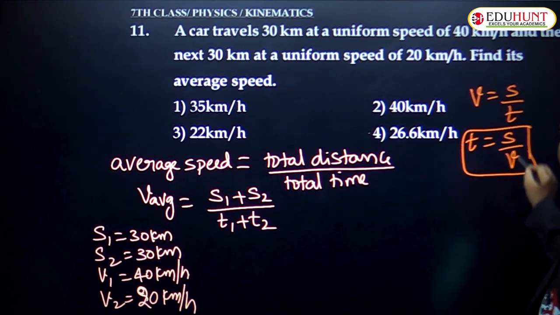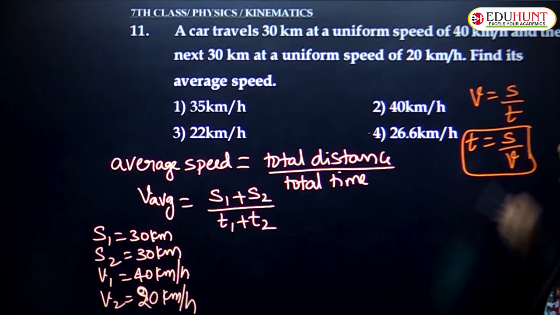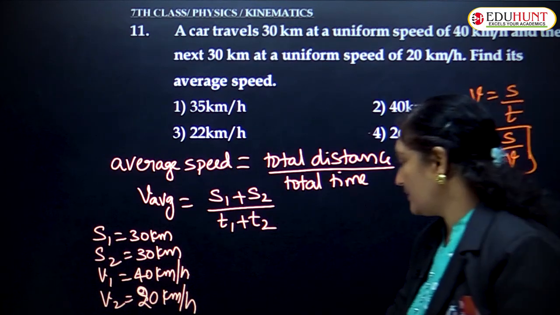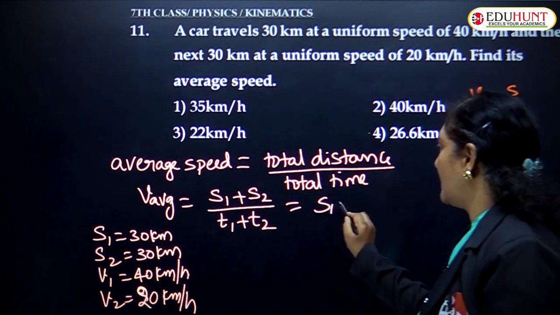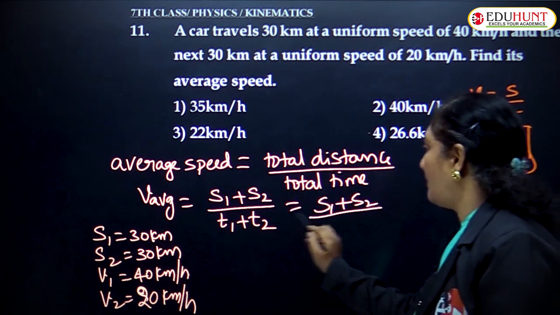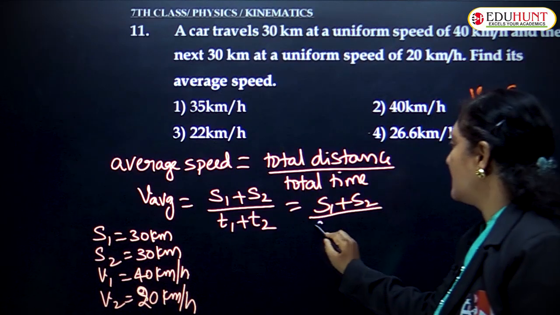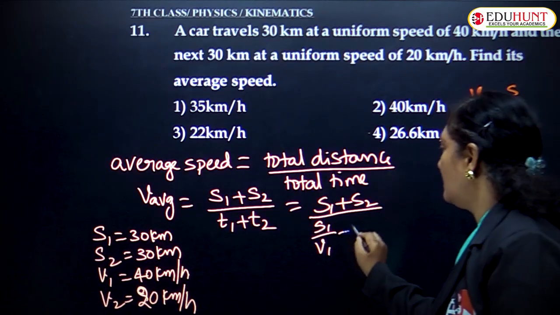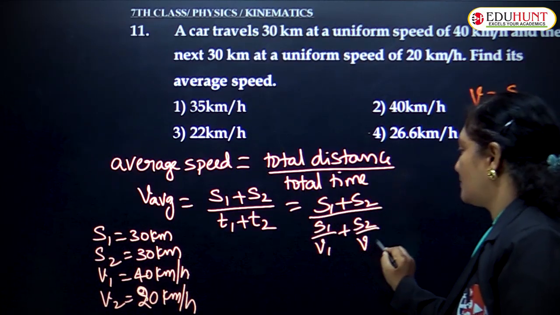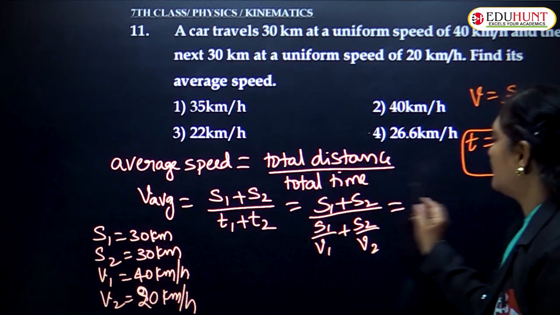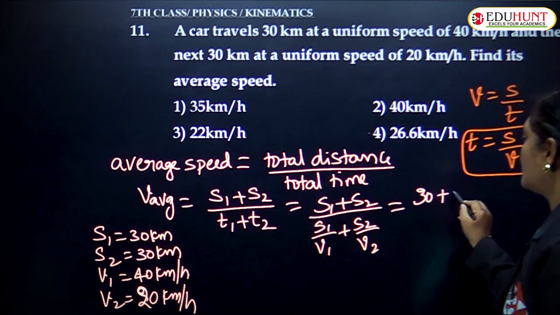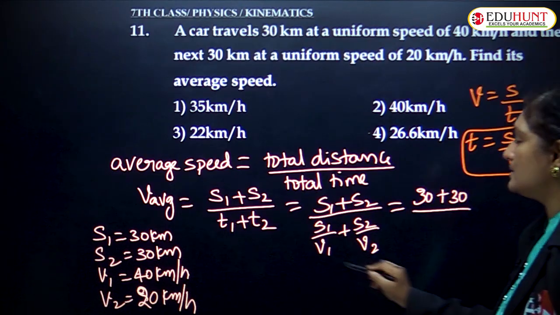So T1 is written as S1 by V1 and T2 is written as S2 by V2. Hence the formula is transformed to S1 plus S2 upon S1 by V1 plus S2 by V2. After further substitution, S1 how much did they give? 30 kilometers. S2 also 30 kilometers.